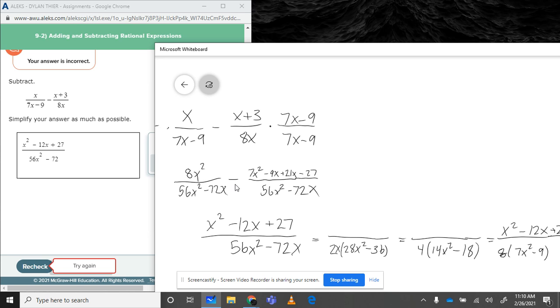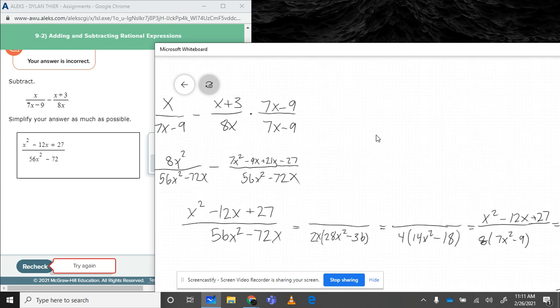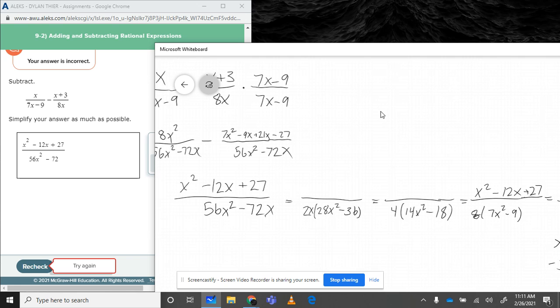Oh no, it shouldn't have been plus. 8x squared minus 7x squared is x squared. We don't have anything over there in the first order x's. So this is going to be positive 12, so we have negative 12x when we put them together, because we are subtracting. We have positive 27. That factors to x minus 9, x minus 3.